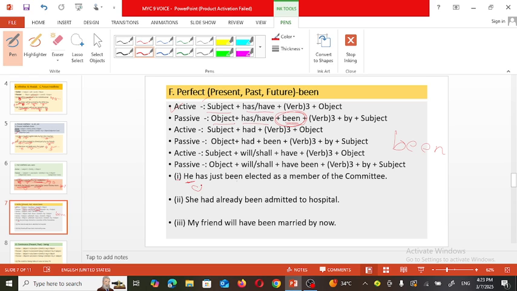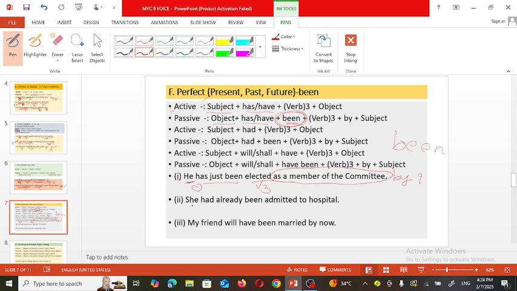So "he" is the object, "has been" is the to-be form, "elected" is the V3 form, and "as a member of committee" is the remaining phrase of the sentence. By whom is not given. So object, V3 form, and the subject is not mentioned here. Actually it is not necessary to mention it, because the main thing is: he has been elected as a member of committee.